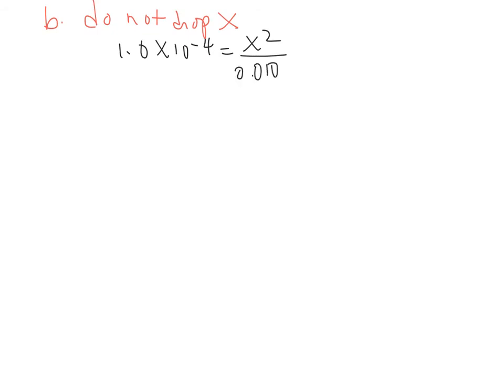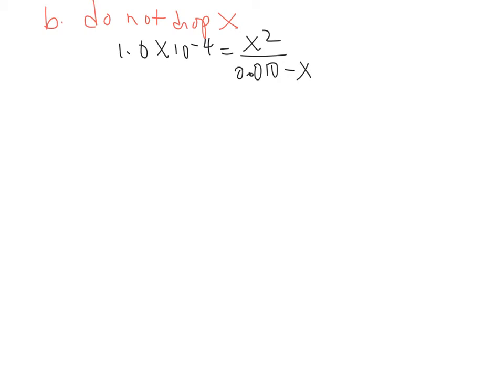So this is part B. Do not drop x. Okay, so then we have 1.0 times 10 to the minus 4 is equal to x squared over 0.010 minus x. It's a little messy there.